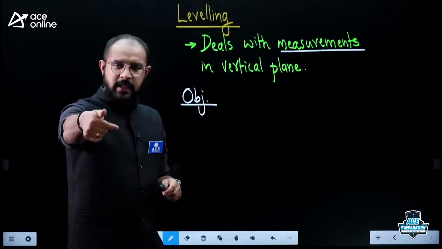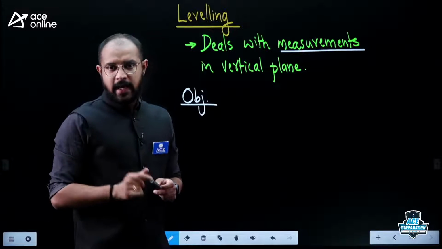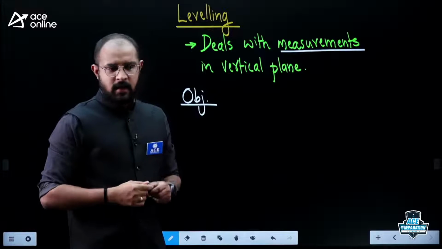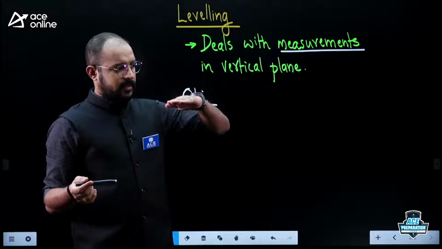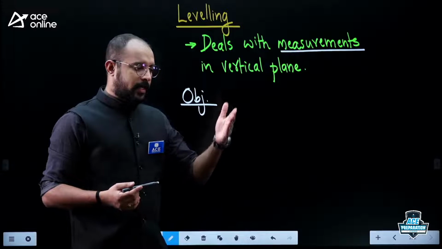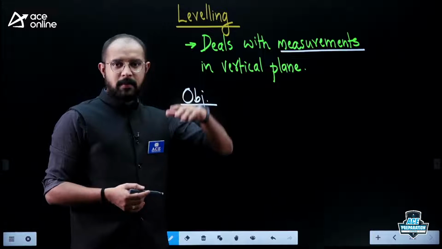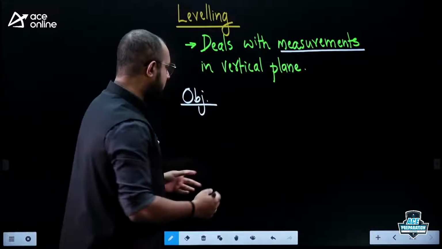Number two, just the opposite: fix a point at a given elevation. I give you the elevation, and you fix it in the field. For example, I say the top level of my dam should be at a 250 meter height from the ground. You have to do leveling and establish that particular height. So, these are the two objectives.